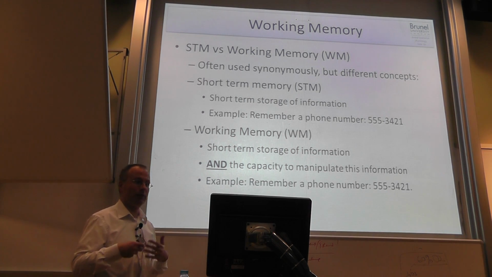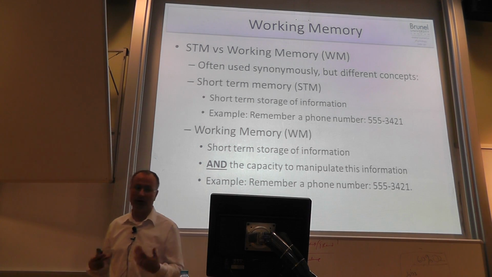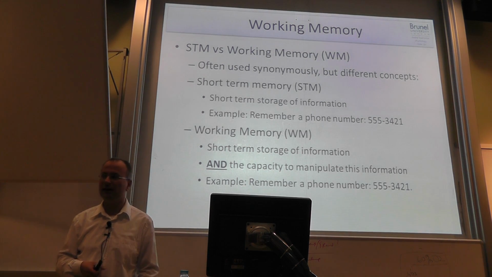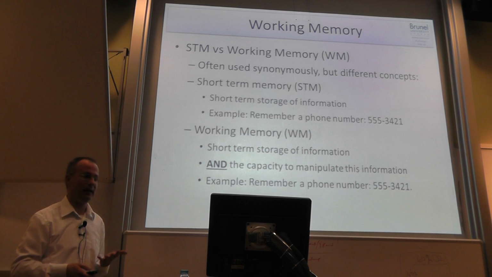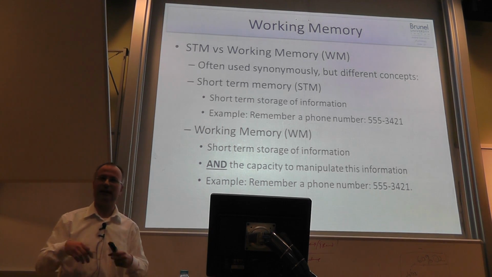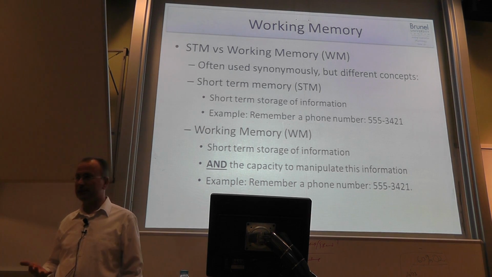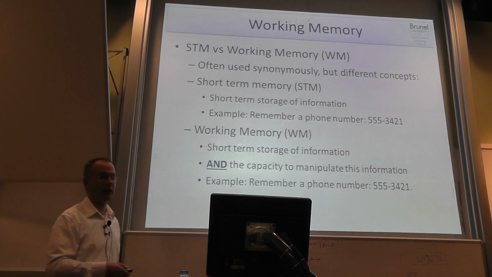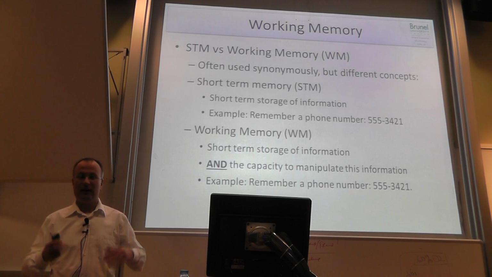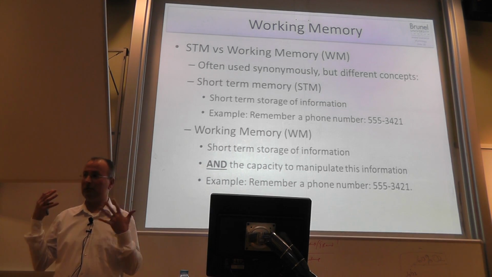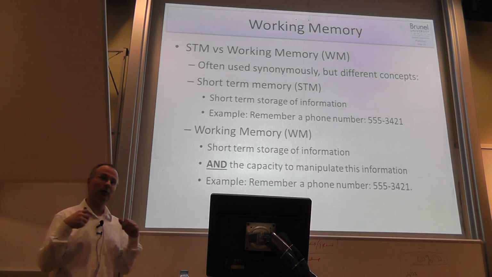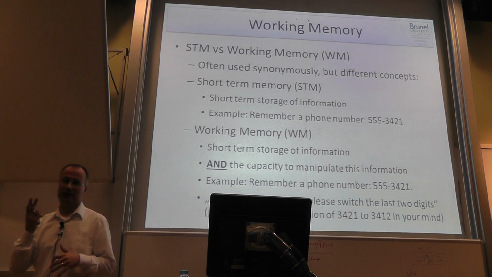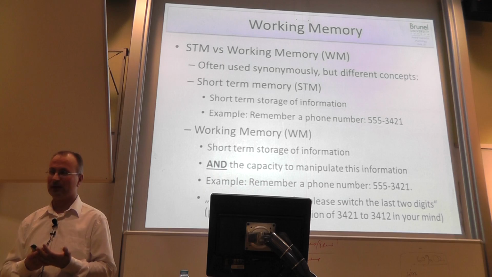So in the example with the phone number, I tell you a phone number, 555-3421, and you're looking for a piece of paper to write it down, and then I say, oh, I'm sorry, I made a mistake. In the end, the two digits have to be reversed. It's not 21, it's 12. And then you have to actually manipulate the information which you have stored in your memory and reverse the last two digits.